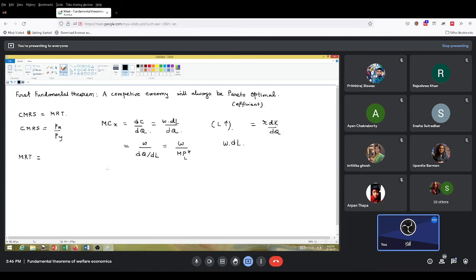So MCX is equal to this. Now remember that firms are profit maximizing agents. In a competitive market, what is the condition for maximizing profit?